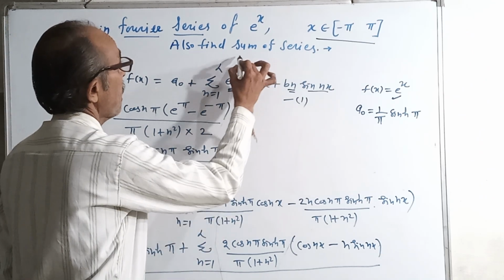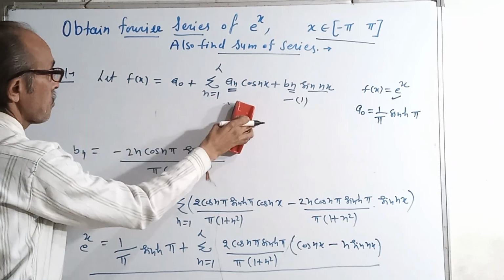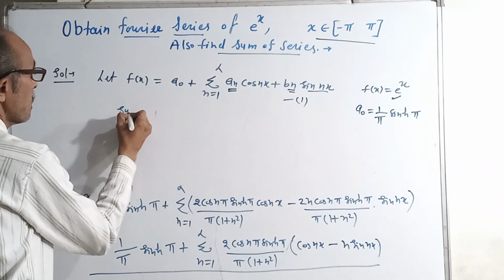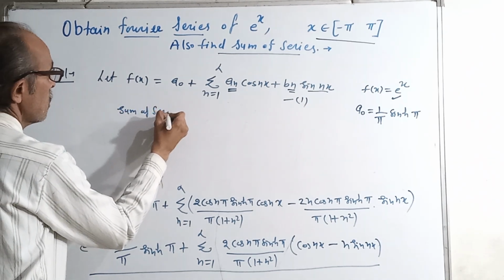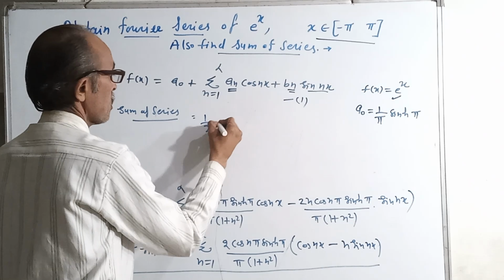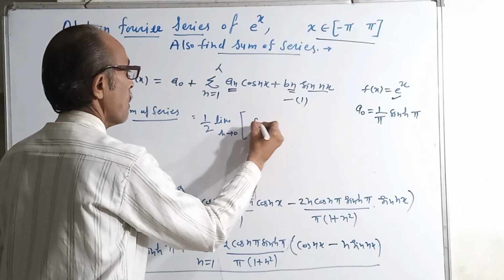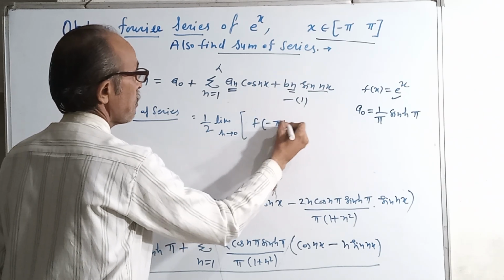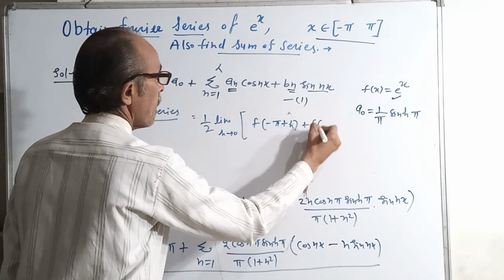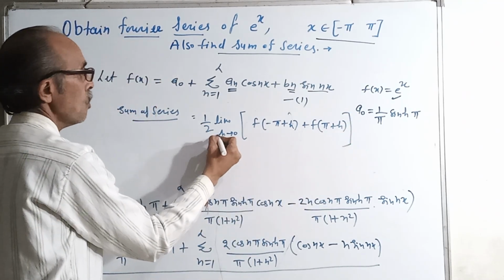Now next, the second part of the question, also find the sum of series. The sum of series is half of the limit as h tends to 0 of f(-pi plus h) plus f(pi minus h).